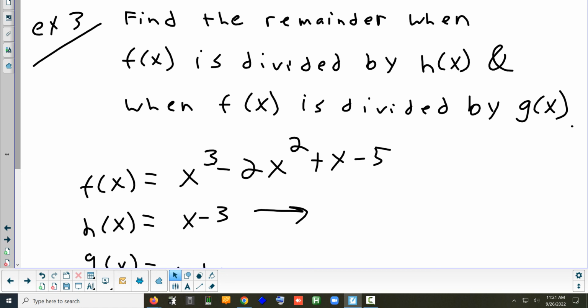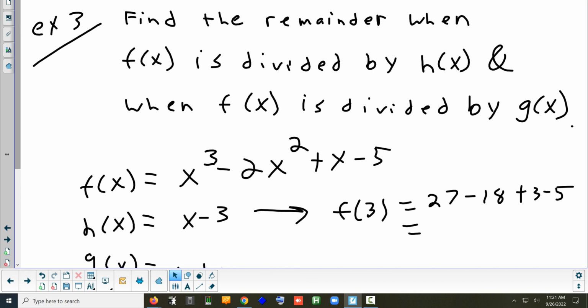So, what number would you plug into your numerator? F of x is your numerator. To find the remainder when you divide by x minus 3, plug in 3. 3 cubed is 27. 3 squared times 2, plus 3 minus 5.